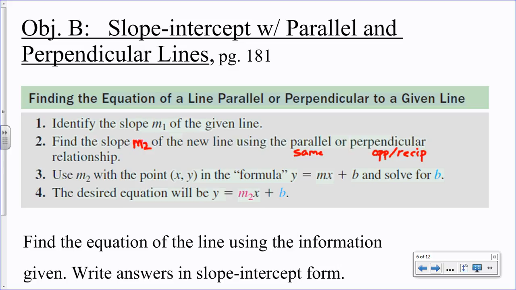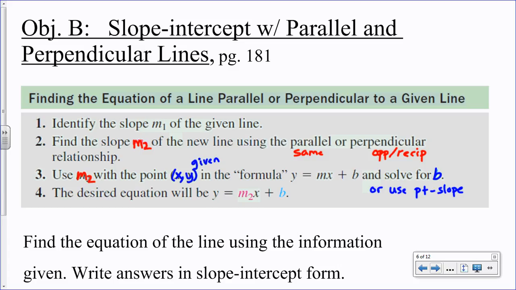Use this new slope, M2, with a given point. You're going to be given a point x, y. And then solve for b, or use point slope form.